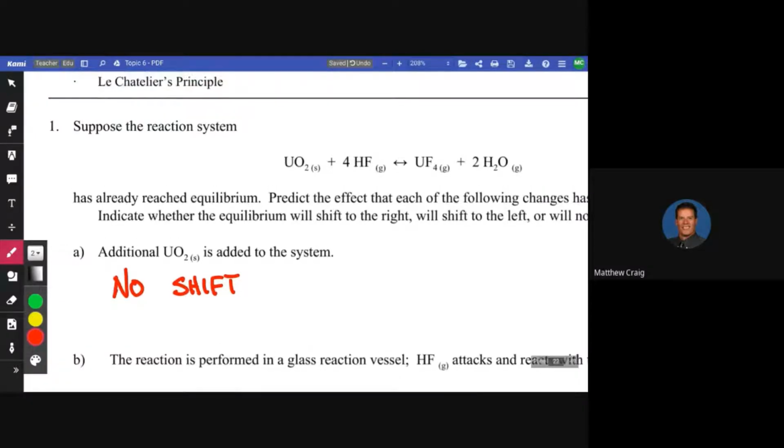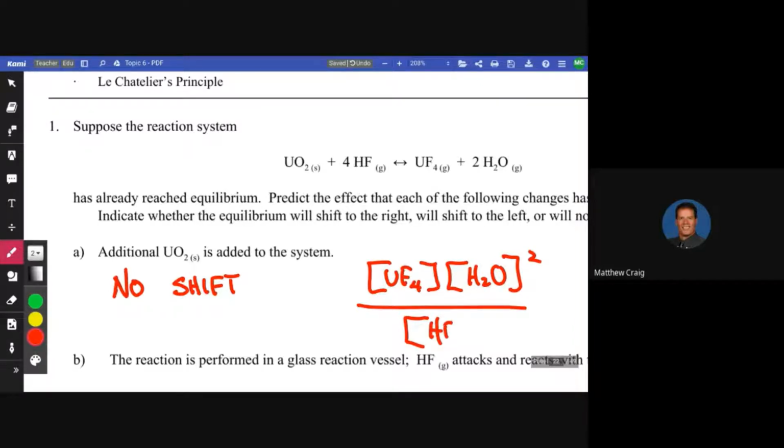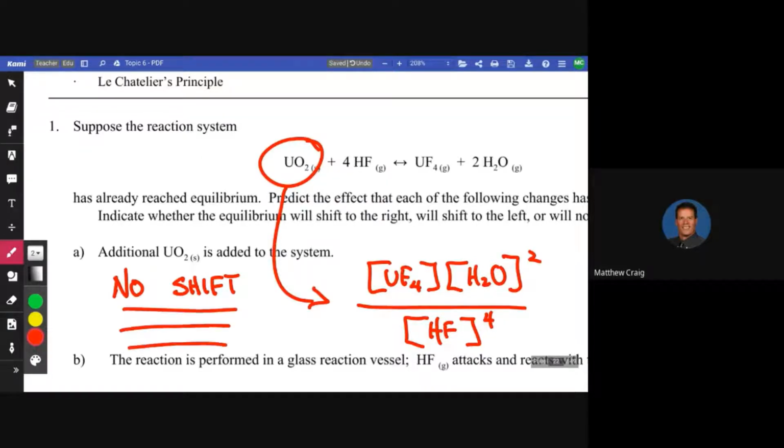Another way to think about it is if you were to write up the expression that we have this, if it doesn't appear in the expression, then it does not affect the shift. That's probably the best way to think about this.